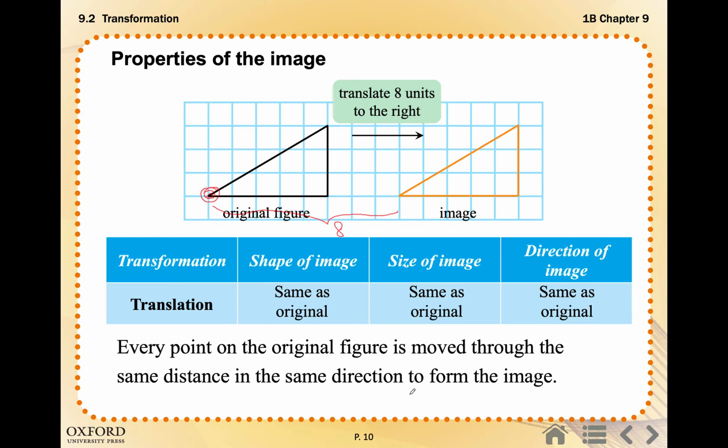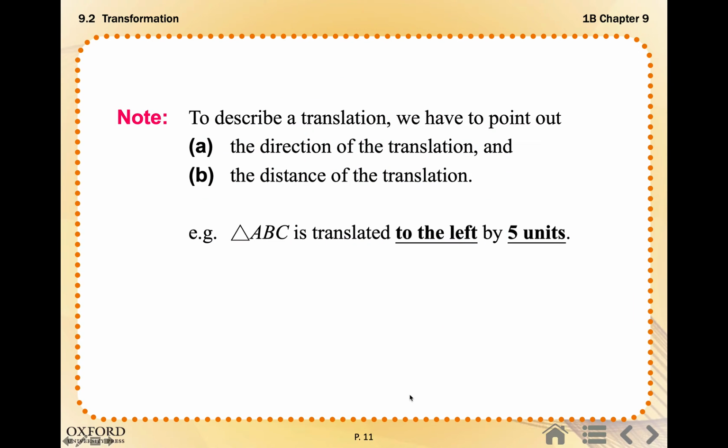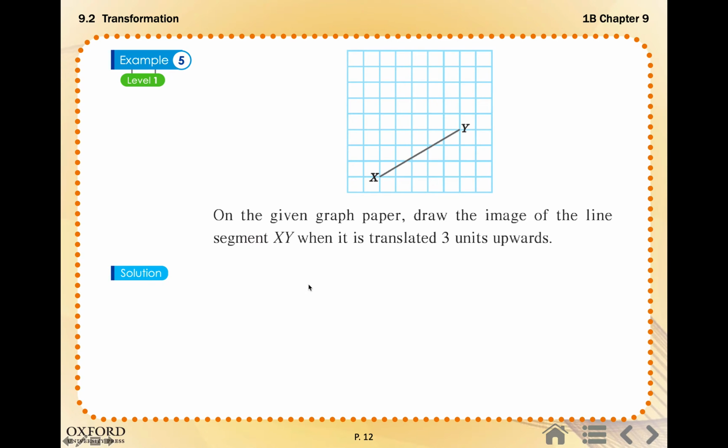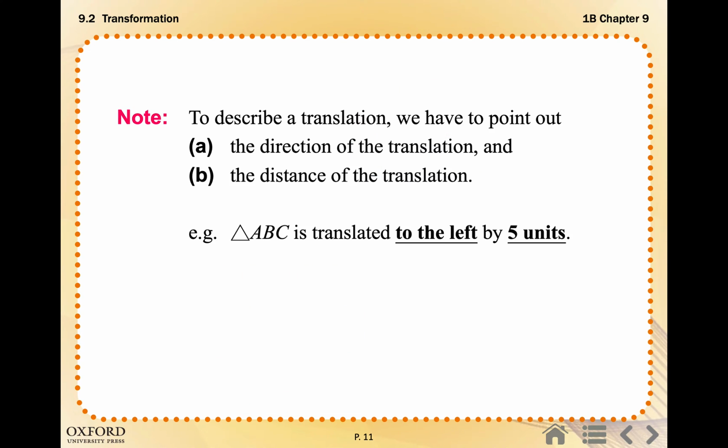For the description of the translation, for example, it may say that triangle ABC is translated to the left. That means first of all the direction, and also the distance. You also have to give the information about how many units the movement is.